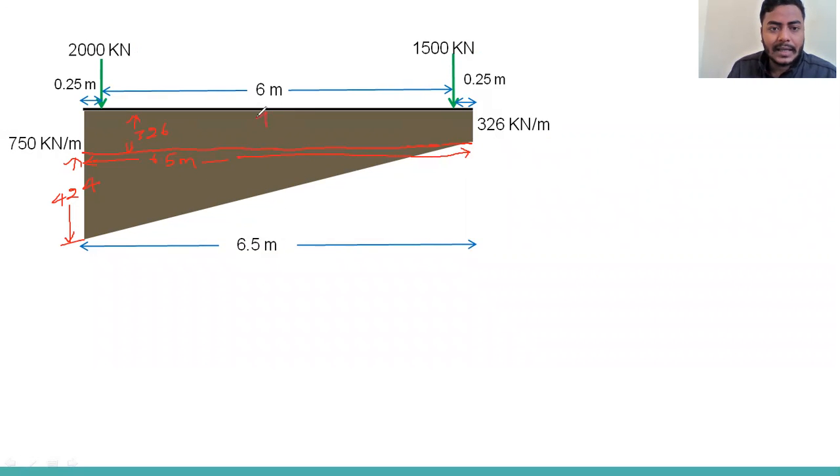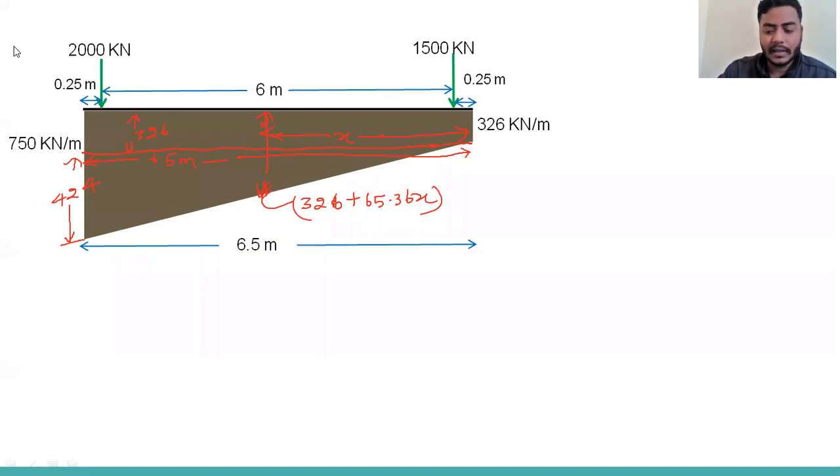Here we will get one relation: suppose this point is x distance from the left side, so we'll get 326.65.36 into x. By putting the value of x, we will get the intensity at different locations.